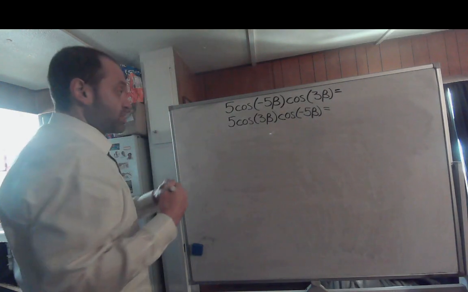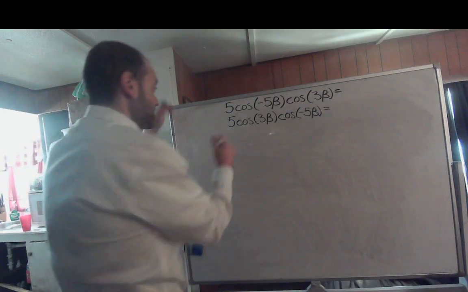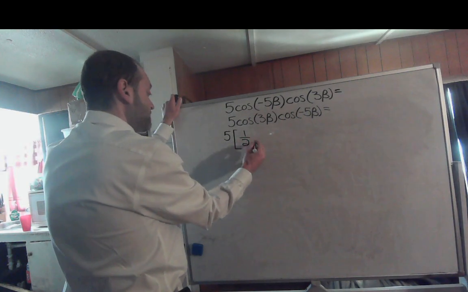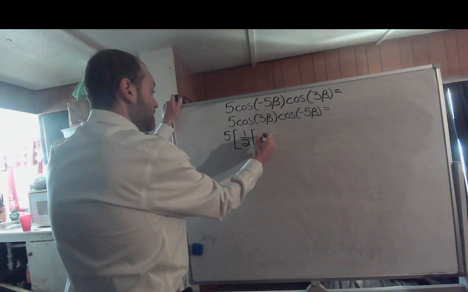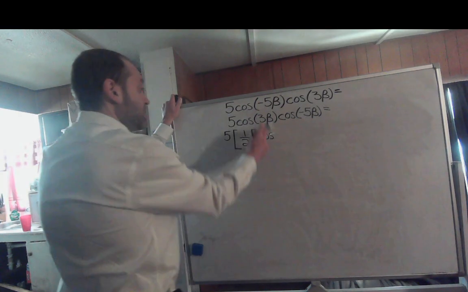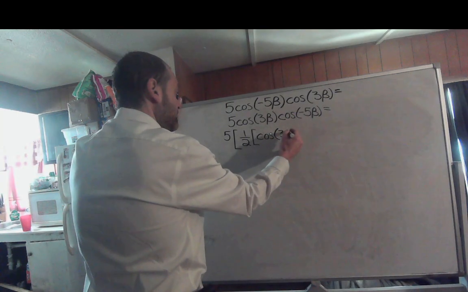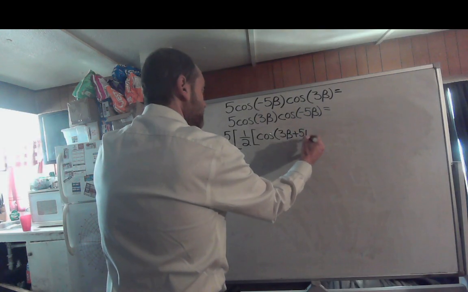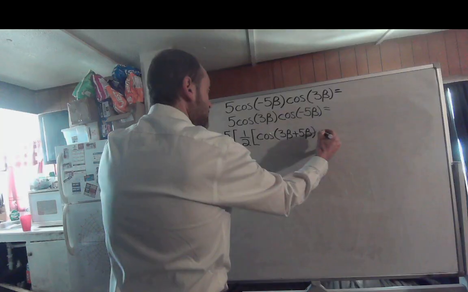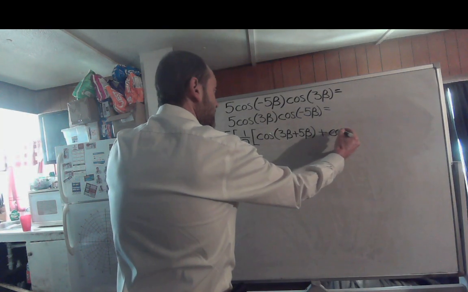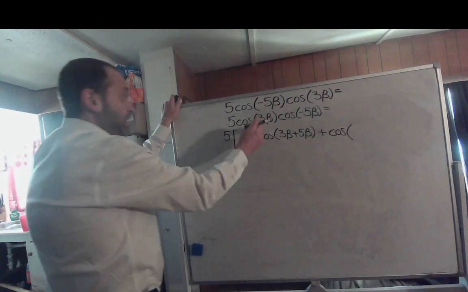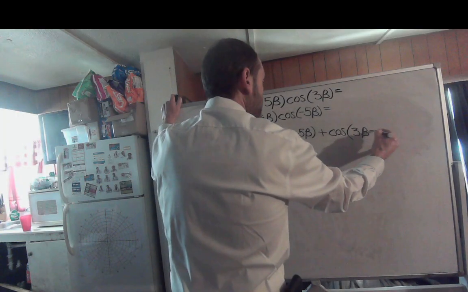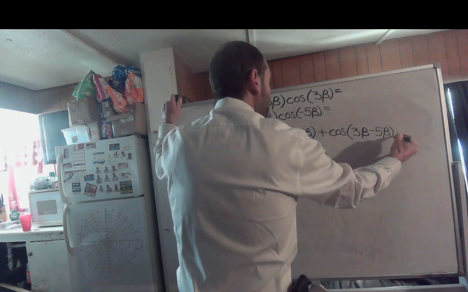Which now we can use the cosine times cosine product of sum formula. So this would be 5 times the quantity of 1/2 times the quantity of the cosine of 3 beta minus -5 beta. So that would actually turn into plus 5 beta, plus the cosine of 3 beta plus negative 5 beta. So this would end up being 3 beta minus 5 beta.